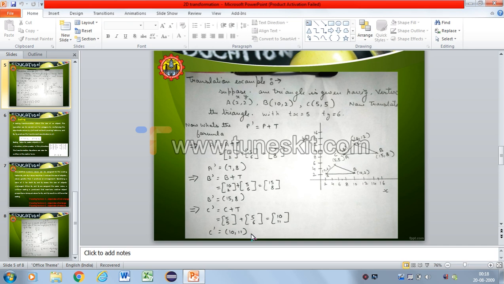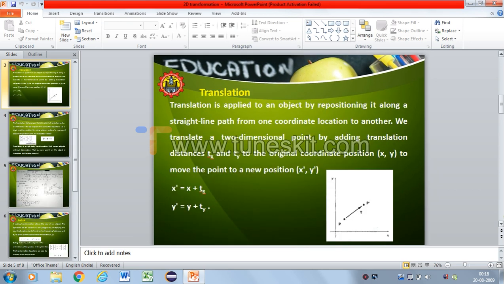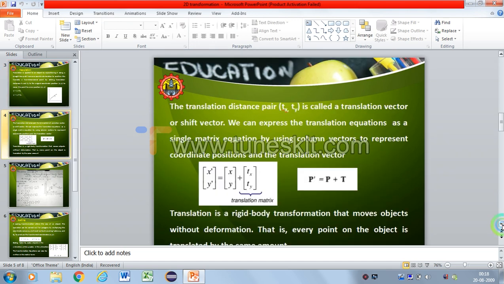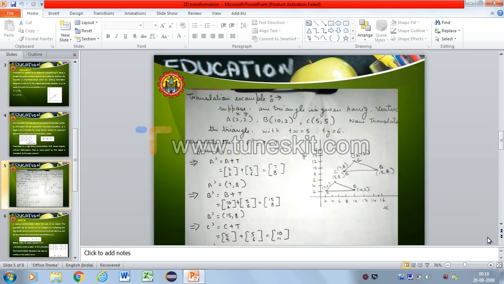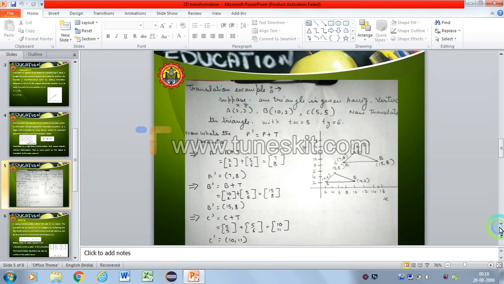Now plot these transformed coordinates on the graph, right? First coordinate is 7, 8. This is 7 and this is 8. Put a cross here. This is your A dash.